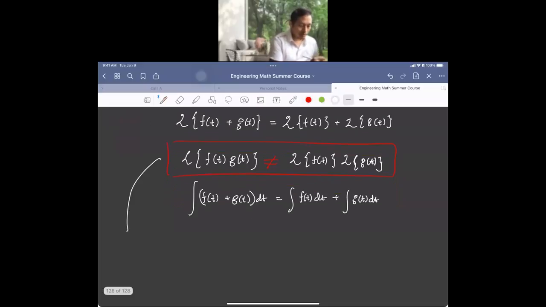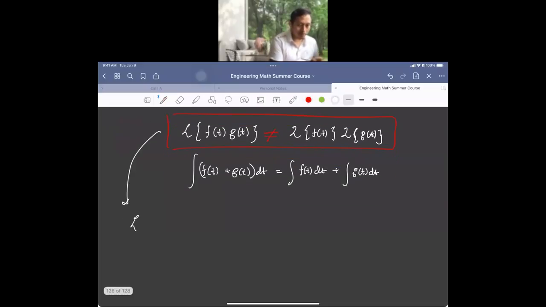So we can make this Laplace of f of t, we say it's convoluted with g of t. It's like a star like this. We call this a convolution.